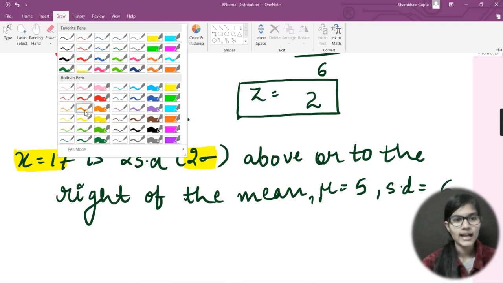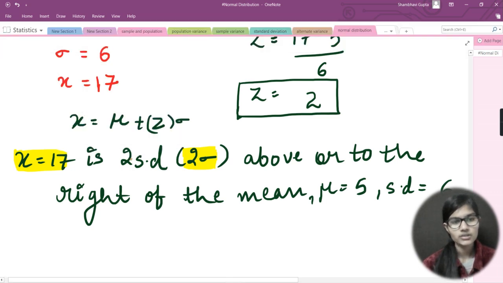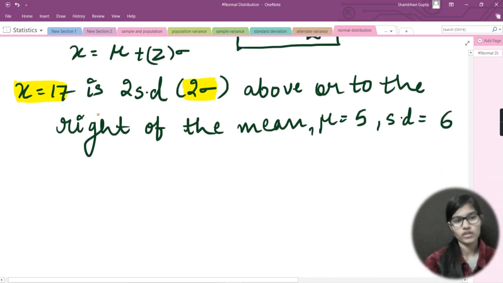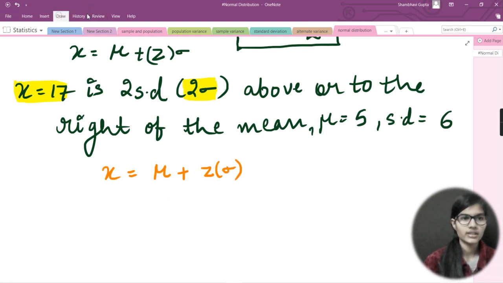So that is why I am saying that x is equal to 17 is 2 sigma, 2 standard deviations above or right of the mean, mu is equal to 5 and standard deviation is equal to 6. Now, hold on. Let me put the values in this formula also. So simply I will write x is equal to mu plus z into sigma. Okay, so I have written this. Now just let me take a different color.